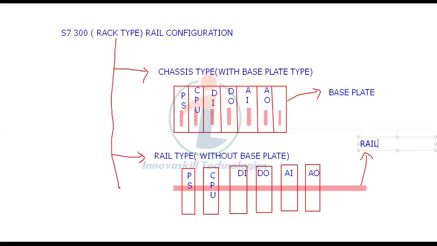And here, as I said earlier, this S7300 is a rail type configuration. So now we will see how this S7300, that is rail type PLC, is configured here and how it should be connected here.